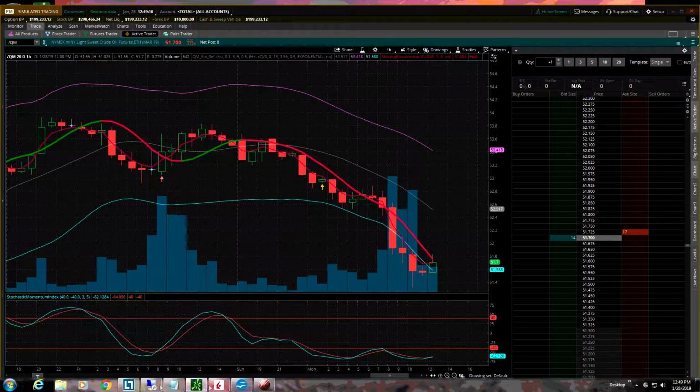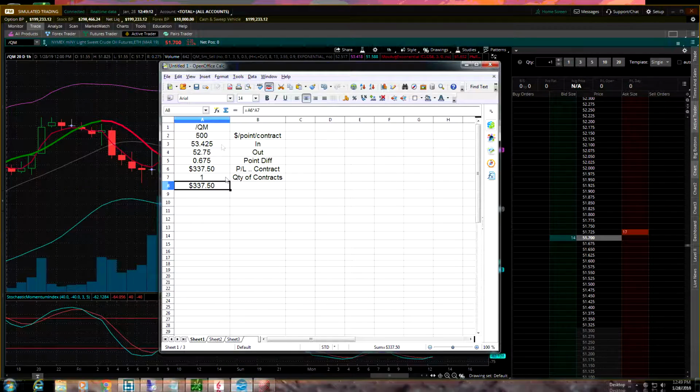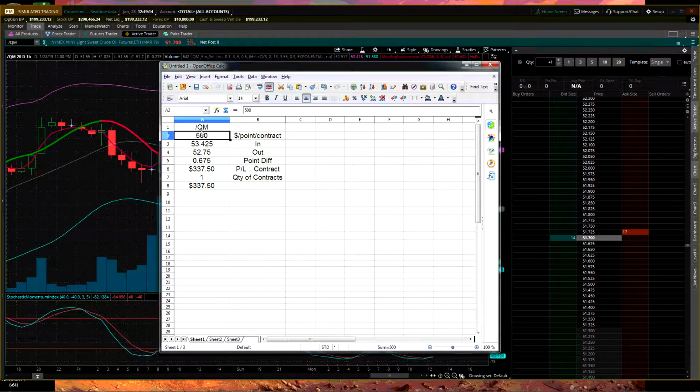So let's go look at a spreadsheet. This futures contract is called QM. That's its symbol. For every 1 point, which I won't go into what a point is, just stick with me on it, $500 per point for one contract. I sold short, which we call getting into the position.